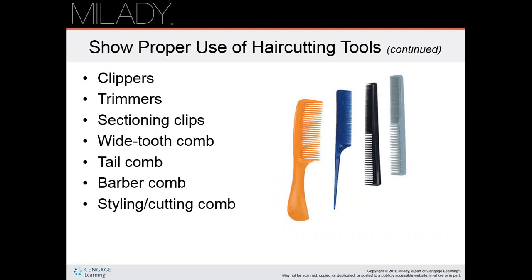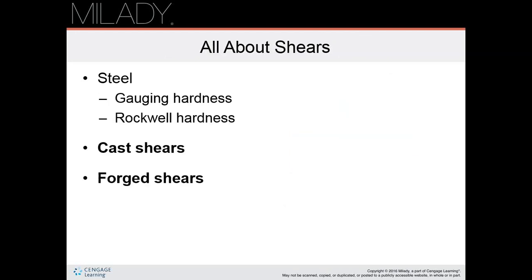Here's a slide that shows us some of the tools that we'll be using for hair cutting. Our shears are our most expensive and most valuable tool we use in hair cutting. They are rated on hardness, and typically the most expensive and the best quality shears come from the country of Japan.